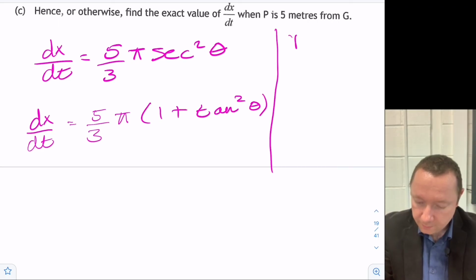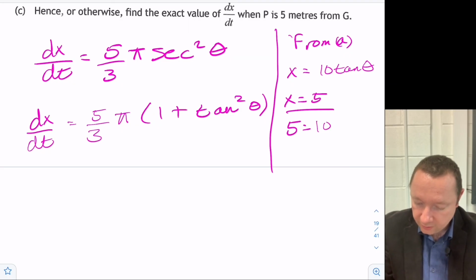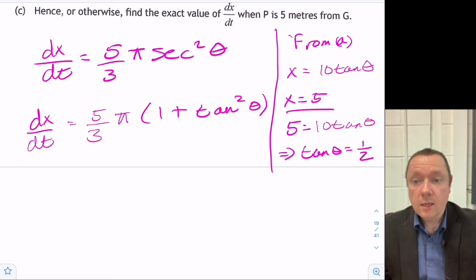So from A, x is 10 tan theta. So when x equals 5, we get 5 equals 10 tan theta, which implies that tan theta equals a half, or 5 over 10. So we can substitute a half in for tan theta.